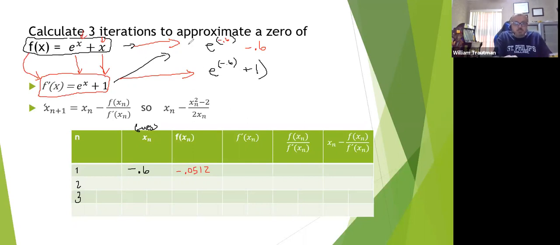I was using the derivative for the first one. e to the negative 0.6 plus 1. And I get the 1.5488. And by the way, the book takes it to 5 decimal places. So in the homework, you might want to take it to 5 decimal places since the book does.